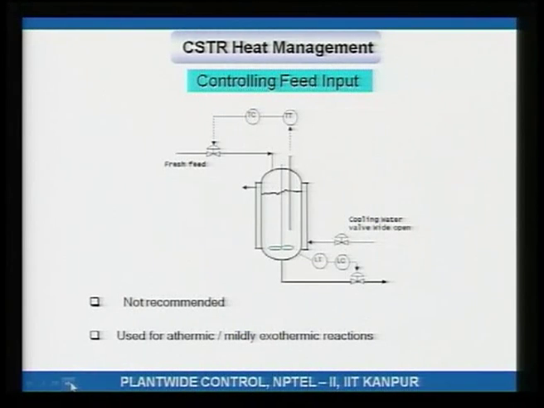As you are increasing the amount of feed to the reactor, more and more heat gets removed, and then you will reach a state where further input to the reactor cannot be increased any further, because you cannot remove more heat. You have reached your maximum heat removal capacity. Okay.